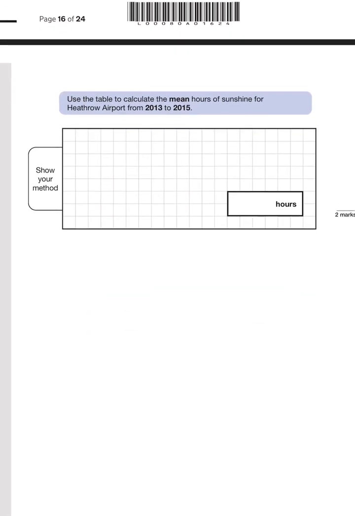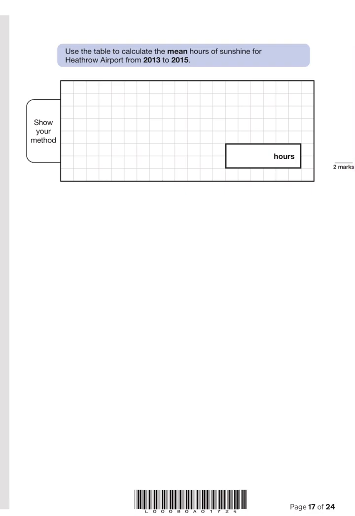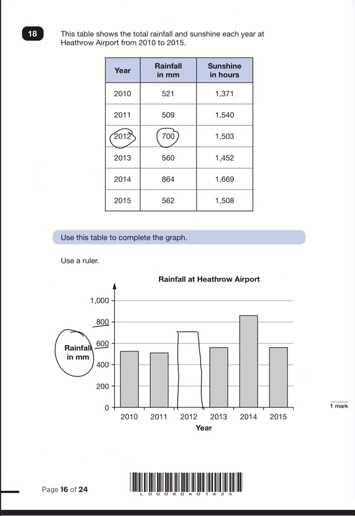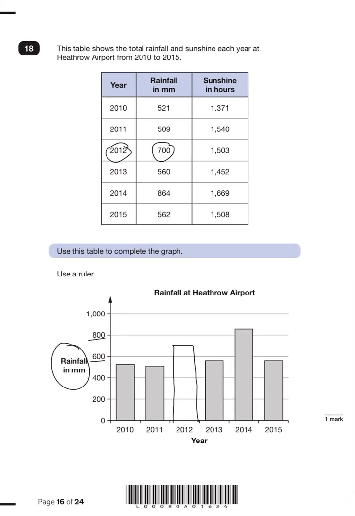Number 19. Oh, we're still on number 18. It says use the table to calculate the mean hours of sunshine for Heathrow Airport from 2013 to 2015. So we need 2013 to 2015 and we need the sunshine. So that would be these three figures here.